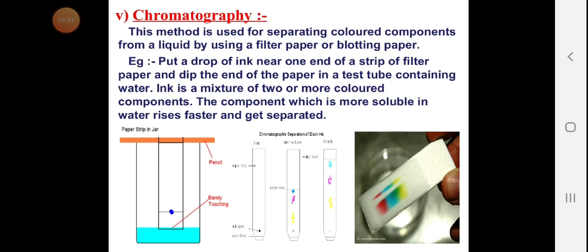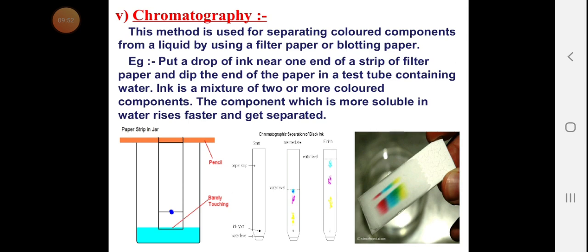Here you can see in the figure that you have prepared a chromatography paper. You have allowed a solvent to pass over that paper, so that blue ink will start flowing along with the solvent, and you can see the distance by which it can travel.